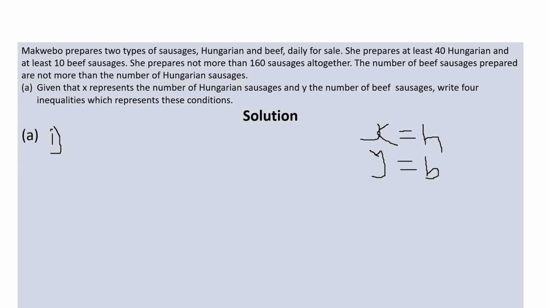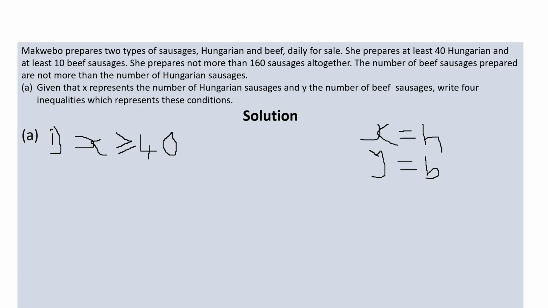Remember, Hungarian is represented by X. So we say X is greater or equal to 40. So write 40 here. That's the first inequality.